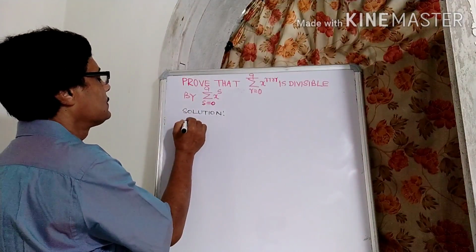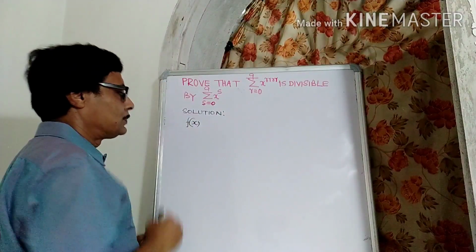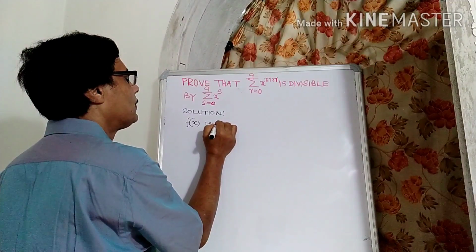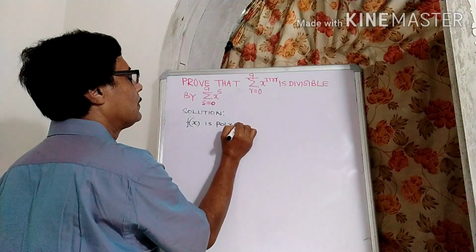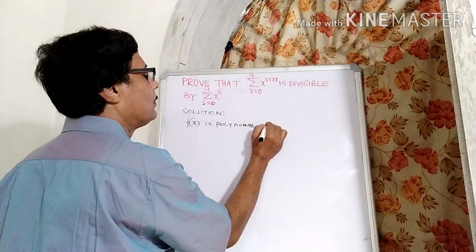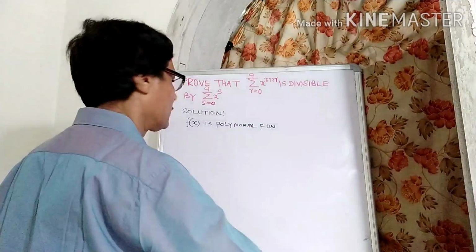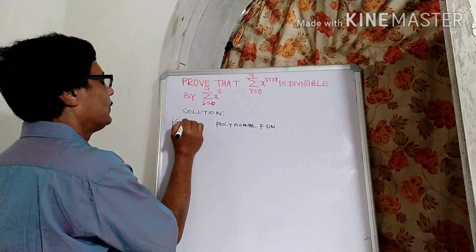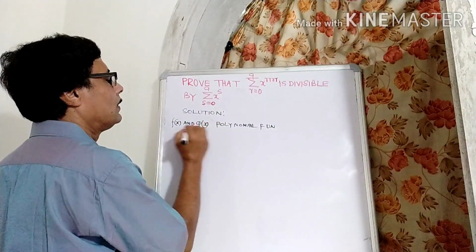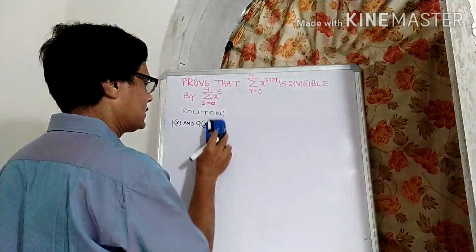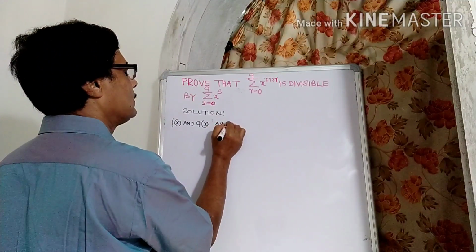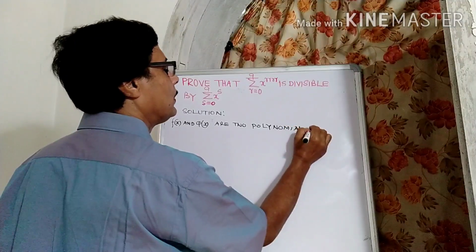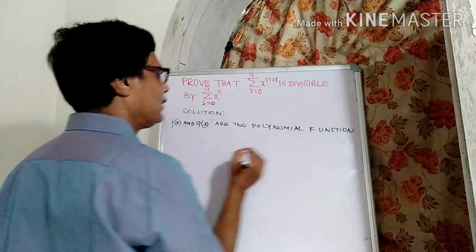Suppose f(x) and phi(x) are two polynomial functions in x.